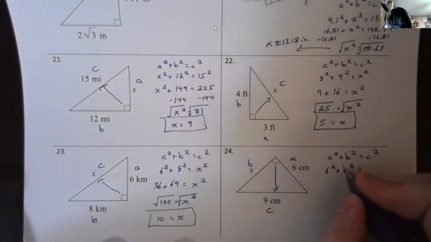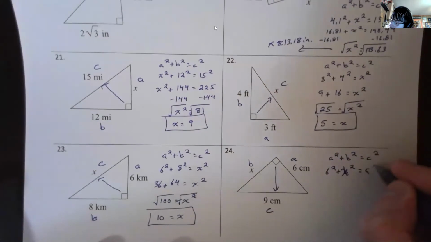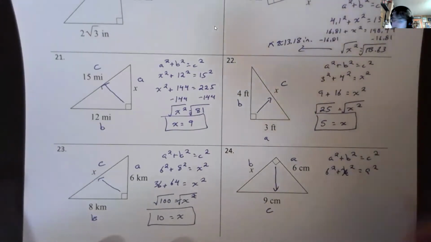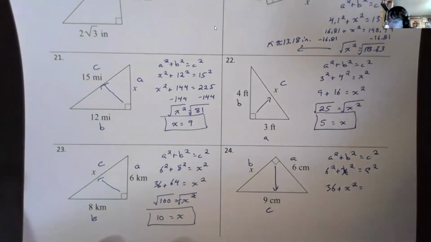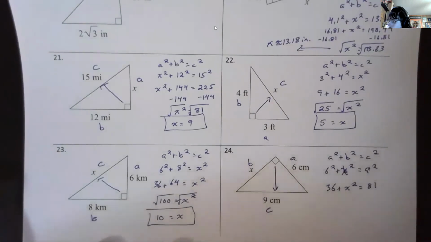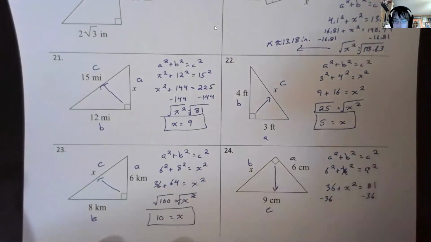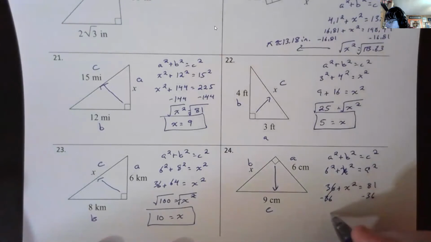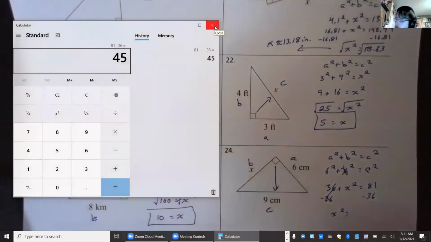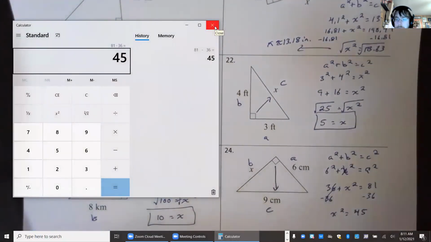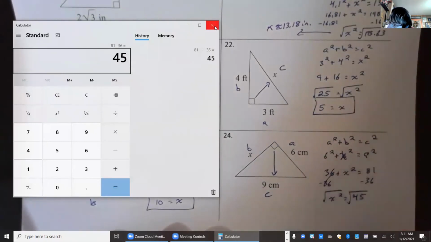B squared is just x squared, and C squared is 9 squared. 6 squared is 36. The x squared drops. And 9 squared is 81. Then we're going to subtract 36 from both sides to get the x squared by itself. So that gives us x squared equals 45. And now we have to take the square root of both sides.